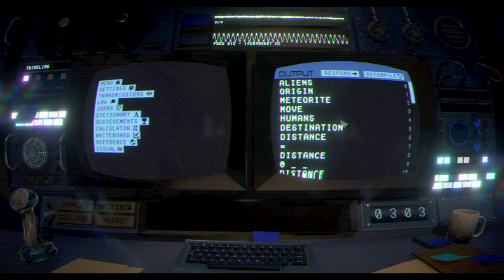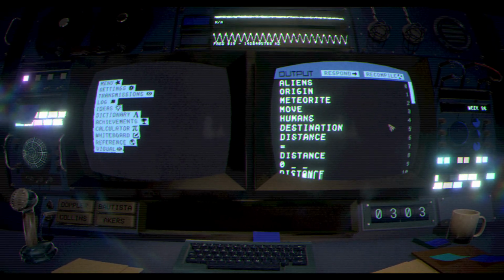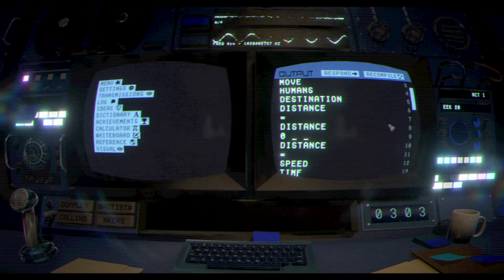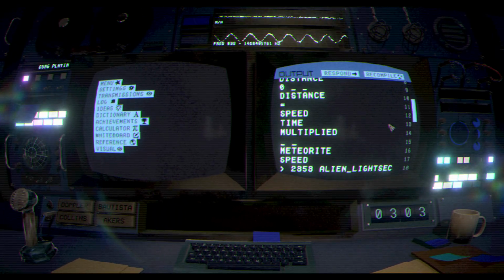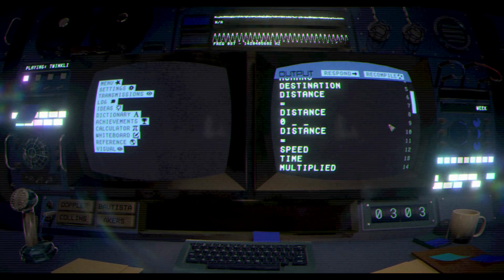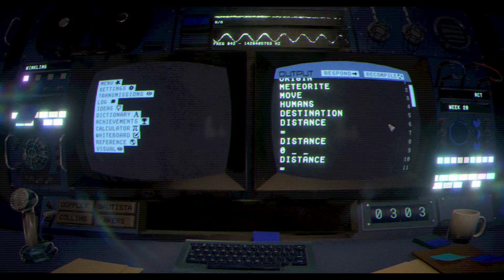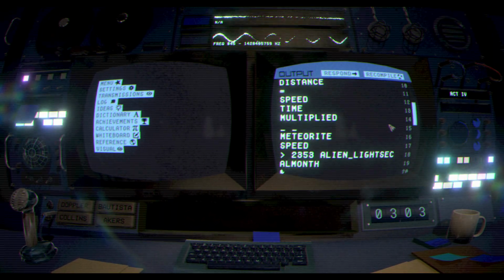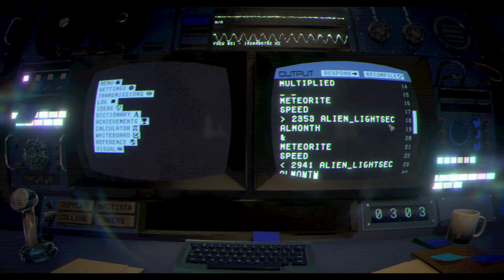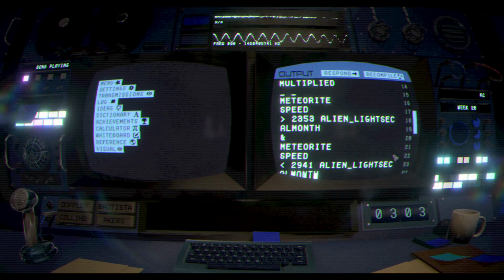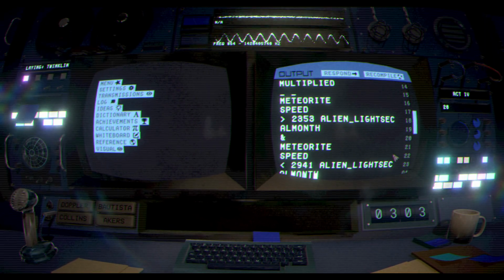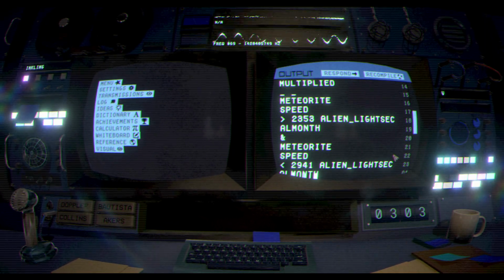Okay, aliens originate meteorite and move to human destination. Distance equals distance 0. Distance equals speed time multiplied. Yes. Meteorite speed is greater than 2,353 alien light seconds, alien light second all month.